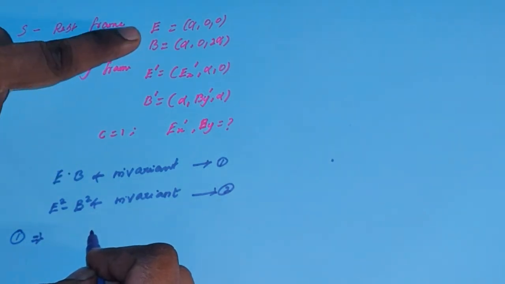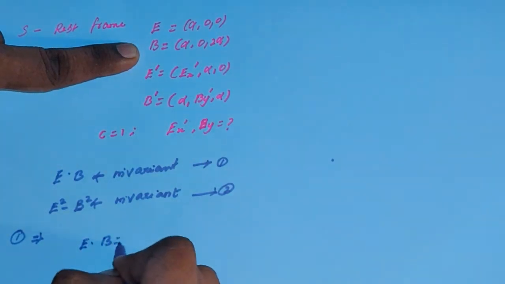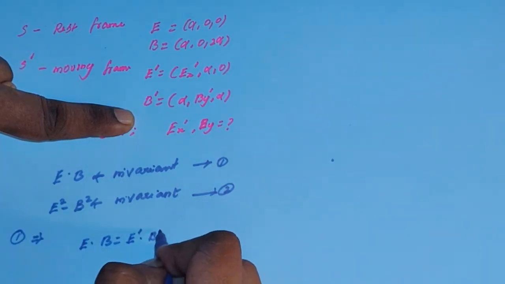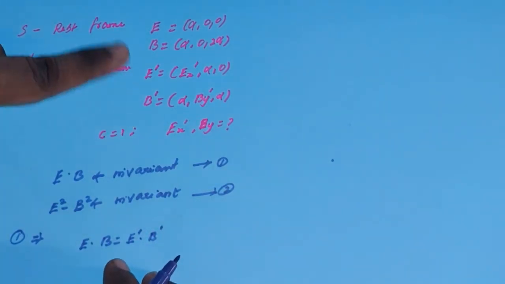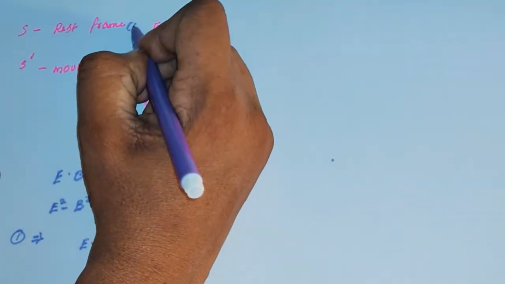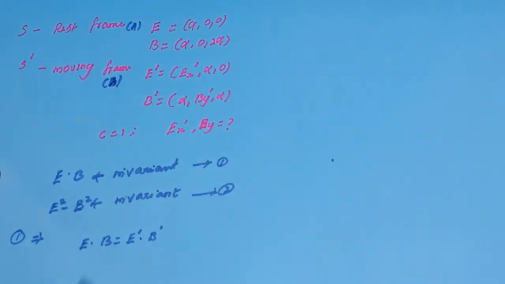If you take the dot product, then the S frame E dot B would be equal to E prime dot B prime. This will be invariant, whether observer A in the S frame or observer B in the moving S prime frame measures it.